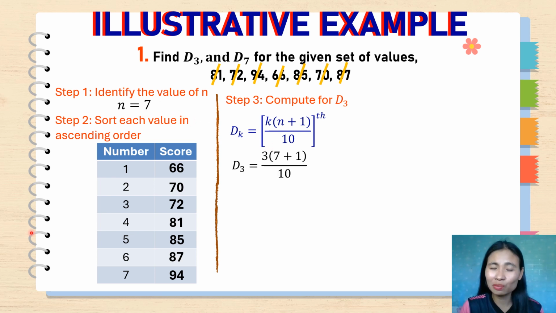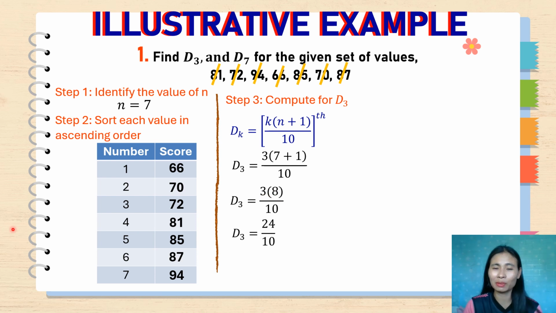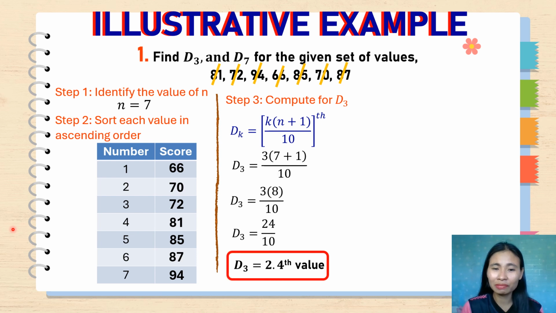So, 3 times the quantity of 7 plus 1 divided by 10. Simplifying, 7 plus 1 gives you 8, and 3 times 8 is 24. 24 divided by 10, meaning our D sub 3 is at the 2.4th value.